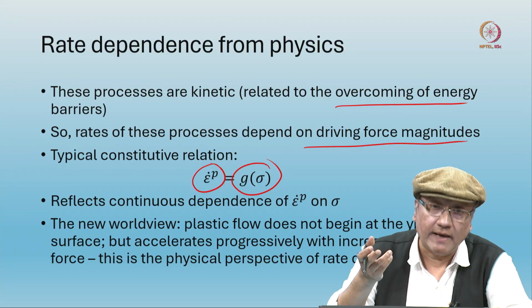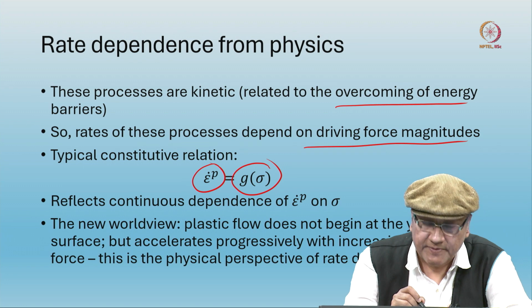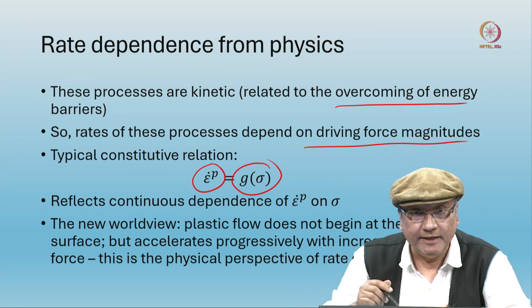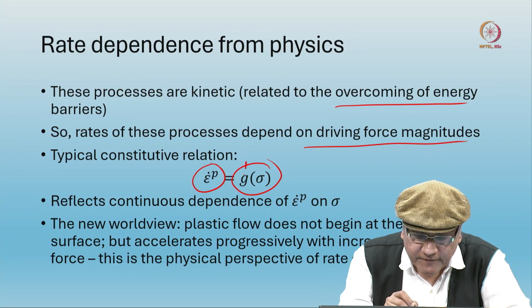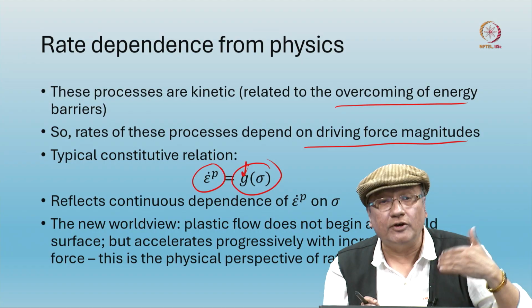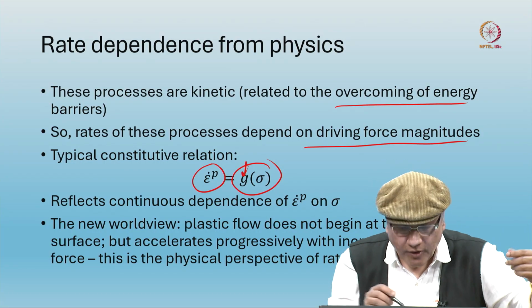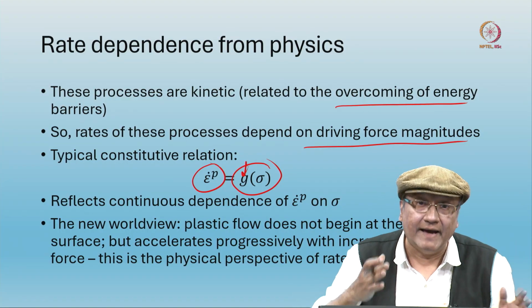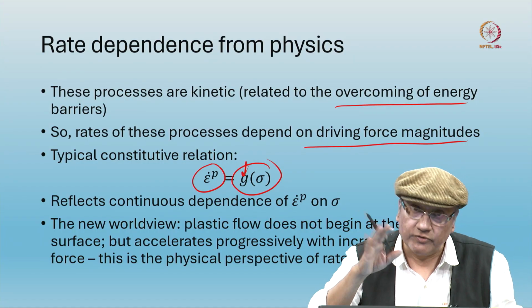Or for some sigmas you may not have any epsilon p dot, but beyond a certain value of sigma you will. According to this function g, sigma will also evolve as epsilon p dot evolves, but g may become a non-zero function only if sigma crosses a certain threshold.